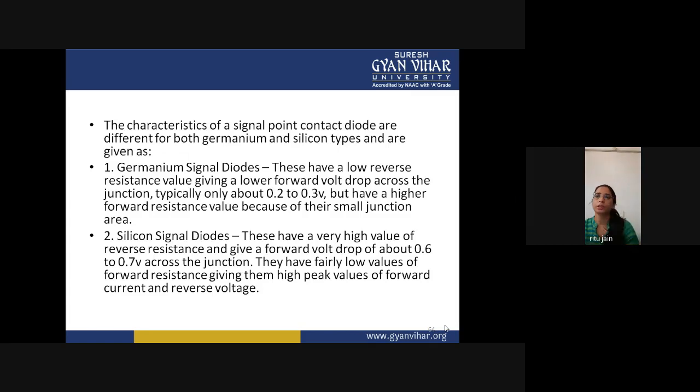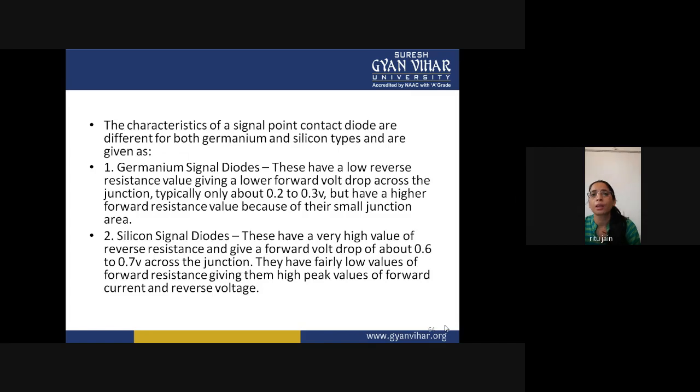The characteristics of a signal point contact diode are different for both germanium and silicon types and are given as follows. Germanium signal diodes have a low reverse resistance value, giving a lower forward voltage drop. Actually, we have already discussed the VI characteristic of a diode.